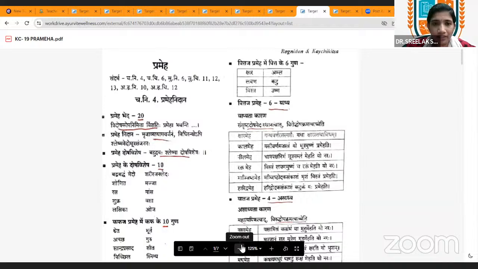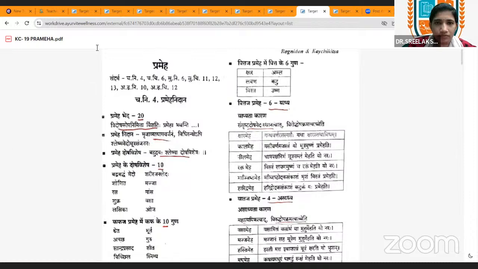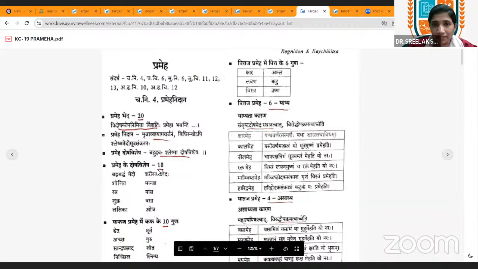Anyone? Mainly Prameha Bheda. Prameha is of 20 types. Okay, 20. And coming to the dosha predominance, it can be classified as Kaphaja 10, Pittaja 6, and Vataja 4.